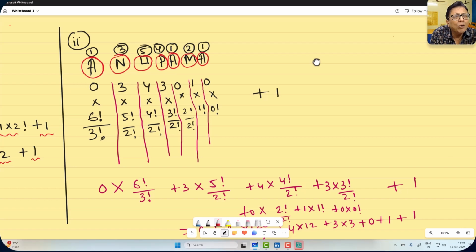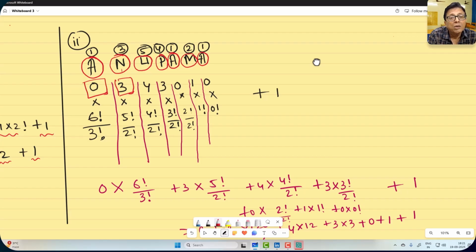See, A has rank 1, all letters have rank either equal or more. So, we will be writing 0. No letters have rank less than that of A. Here, rank of N is 3, so these 3 have rank less than that of N, so 3. Here, how many? 1, 2, 3.